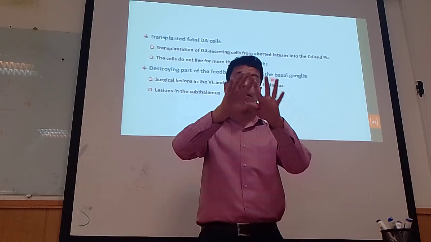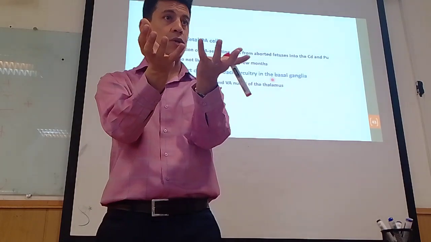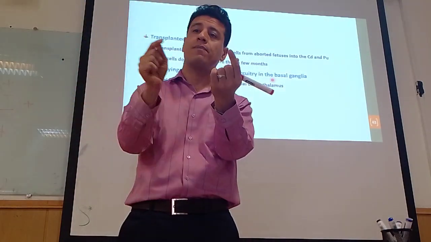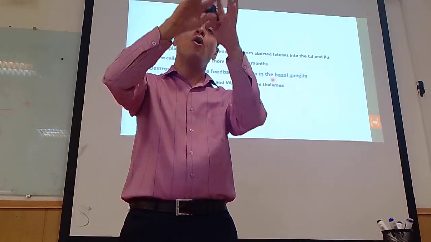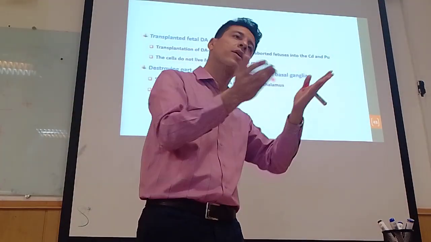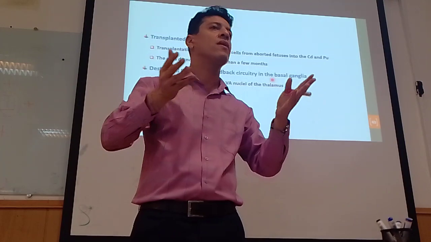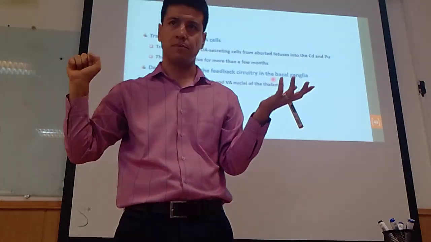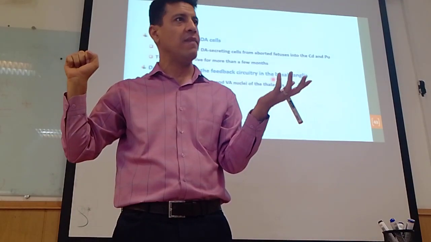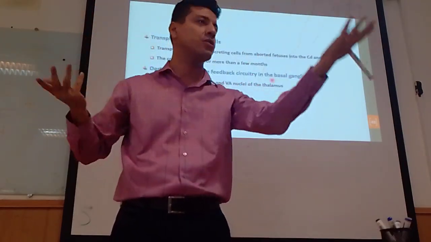So, basal ganglia is a network, right? I told you that, for example, we have some succession of neurons. All of them can be excitatory or inhibitory. So when there is a problem in this whole circuit, you can remove one of these. Then the action of the whole circuit is changed.